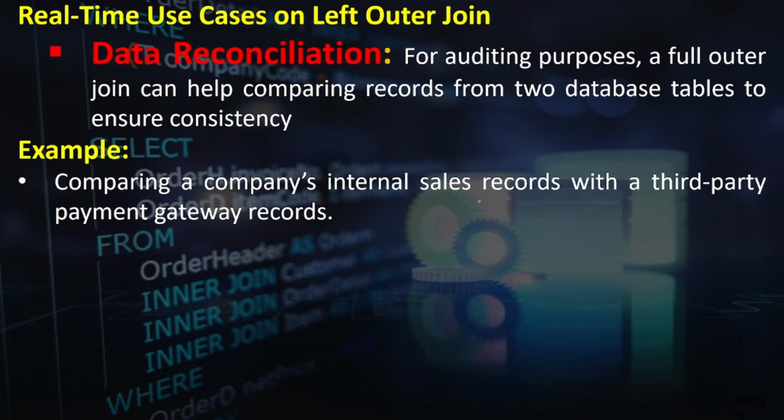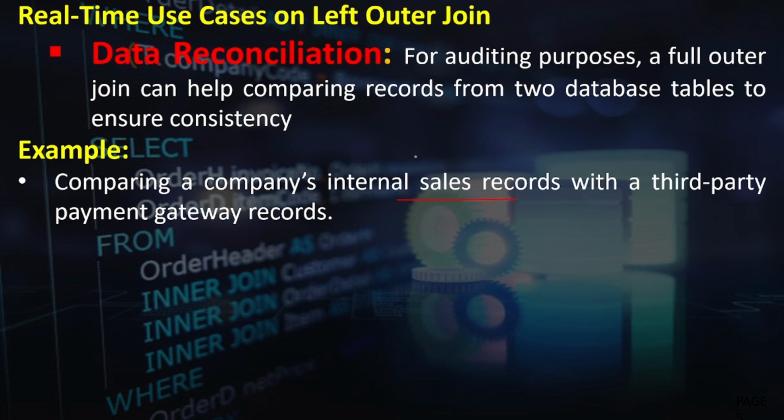So there is a company which sells products. Once the products are sold, the payment is done through a payment gateway. There are many examples, for example PayPal and stuff like that. So at the end of the day, when you look into your accounts, you are going to compare your sales records with the third-party payment gateway records.